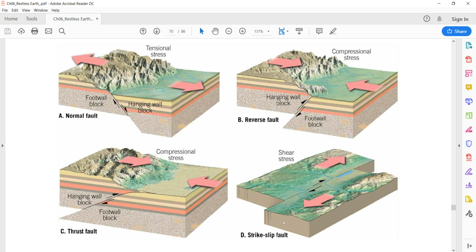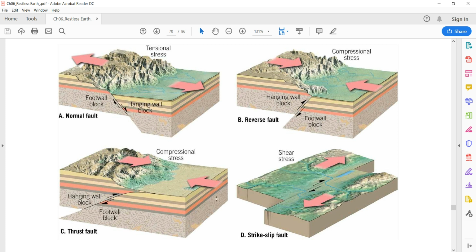So here are schematics. Normal fault: the hanging wall is sliding downwards, and it happens in the case of tensional stress. Reverse fault occurs in the case of compressional stress, and the hanging wall is actually riding upwards over the foot wall.